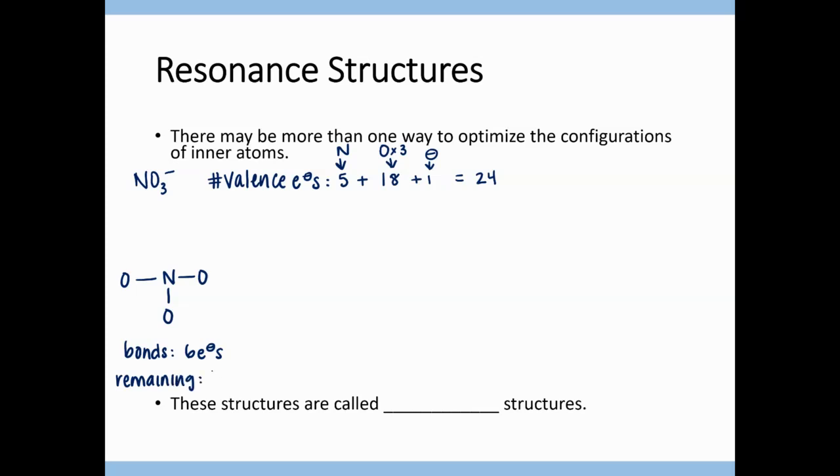So we have 6 electrons in bonds, which means we have 18 remaining. Next we distribute to outer atoms to close their shells. So each oxygen needs 6 more valence electrons to have a closed shell, and that takes care of all 18.